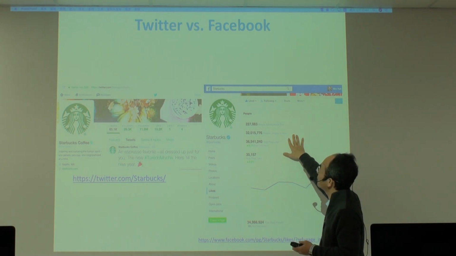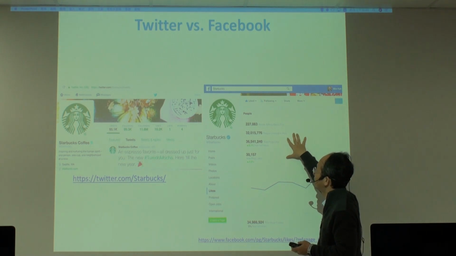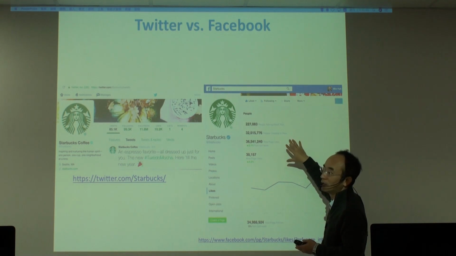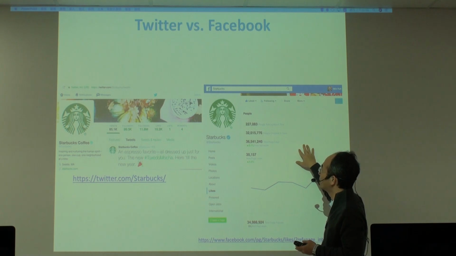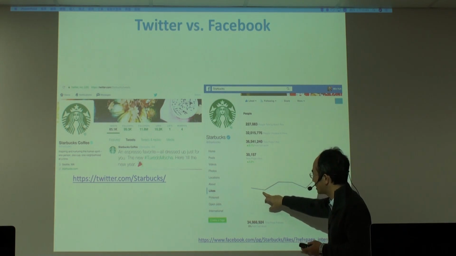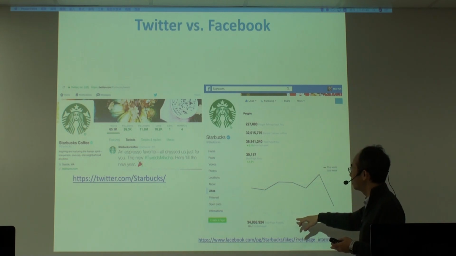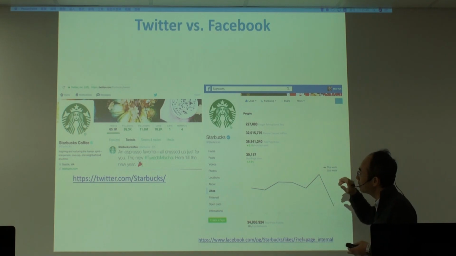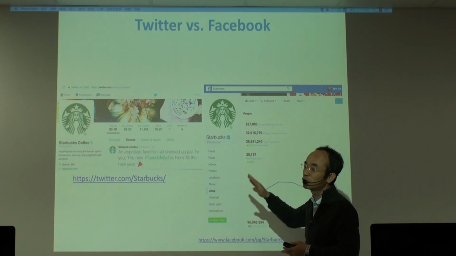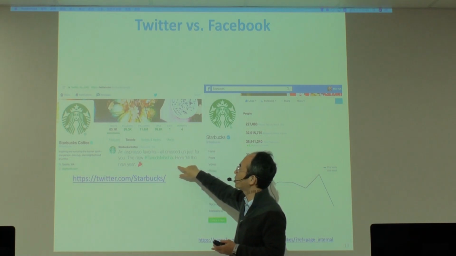And as you can see, this is the Starbucks statistics for its relationship with the customers. For example, this is the statistics for the total page followers. So for Facebook it is its pages, but for Twitter it is its tweets, meaning its short stories.